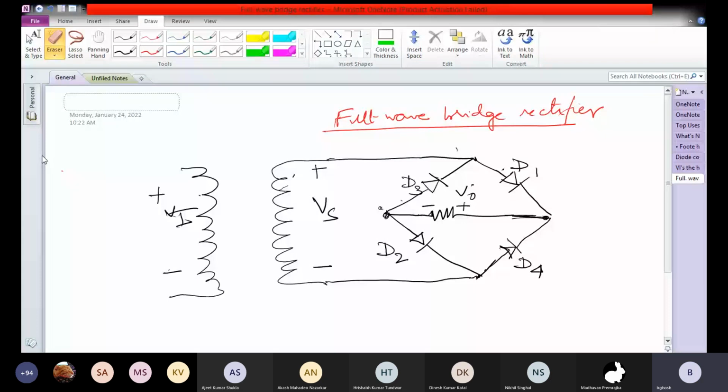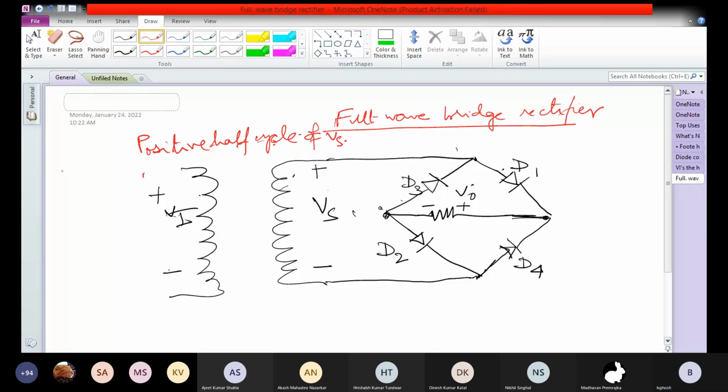So when Vs is positive, during the positive half cycle of Vi or Vs, what is going to happen?